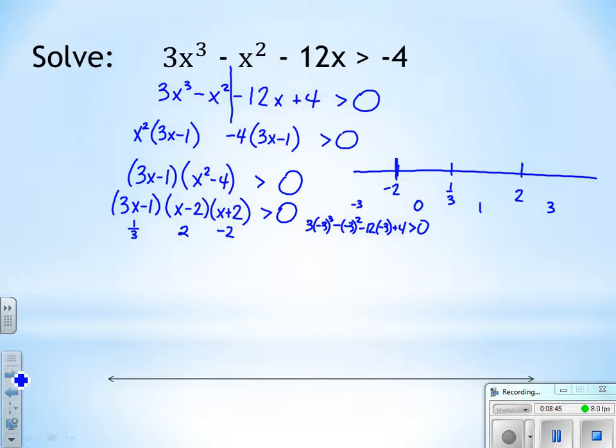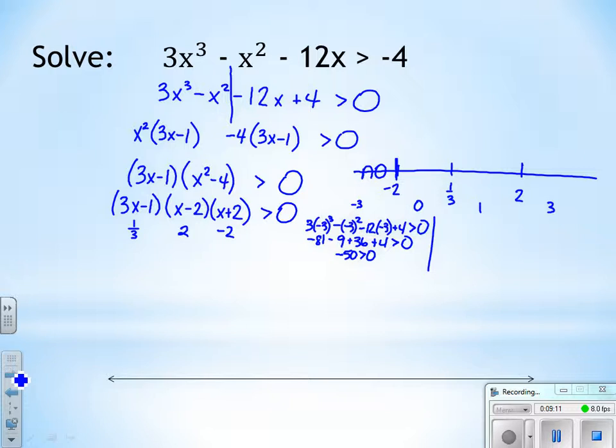Okay, putting that all together and simplifying, I've got -81 minus 9 plus 36 plus 4 is greater than 0. That simplifies into a -50 is greater than 0, and that's not true. So I don't have solutions in that interval underneath my -2.